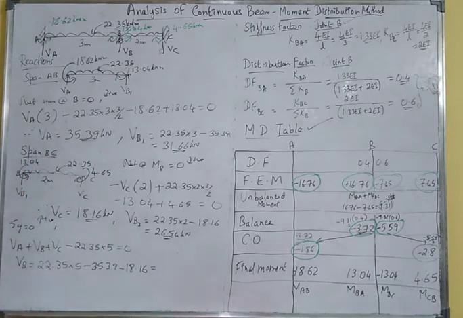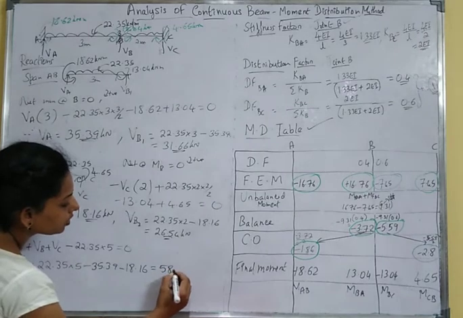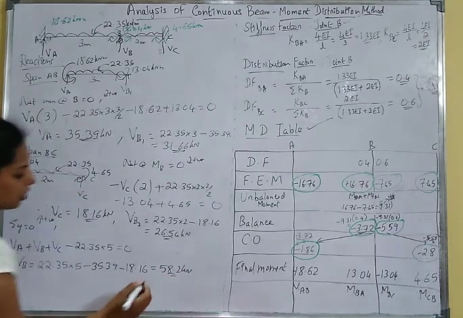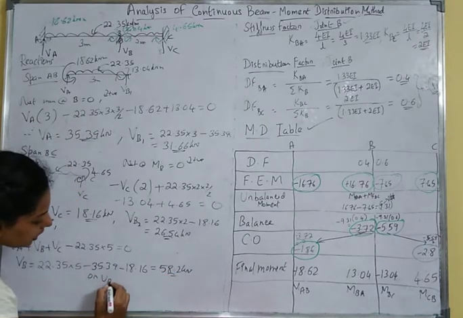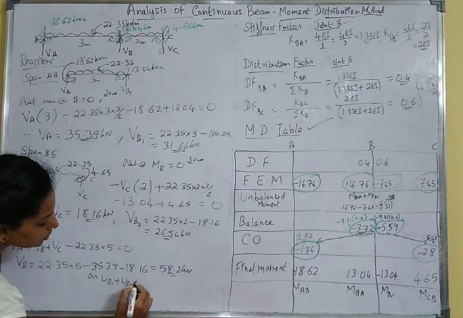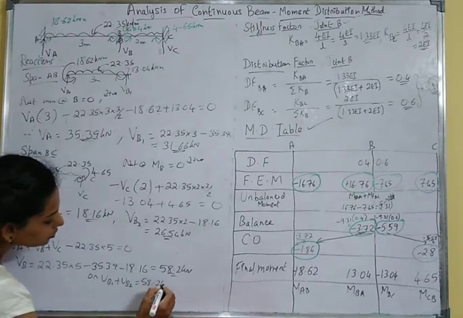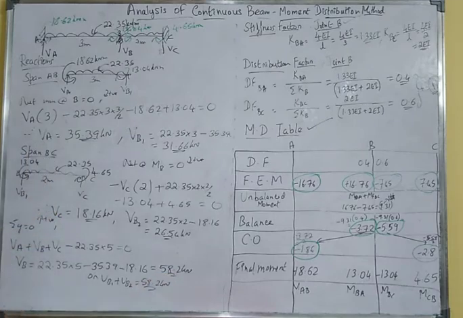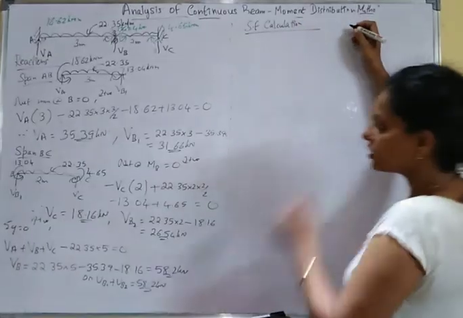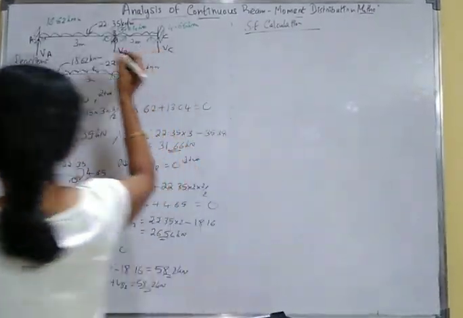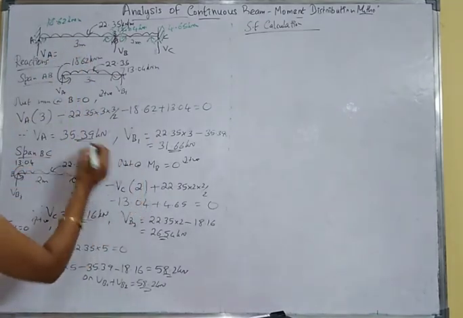You will get 58.2 kilonewton, or VB1 plus VB2 also you will get 58.2 kilonewton. You can do this or this. You know the reactions now. VA is how much?